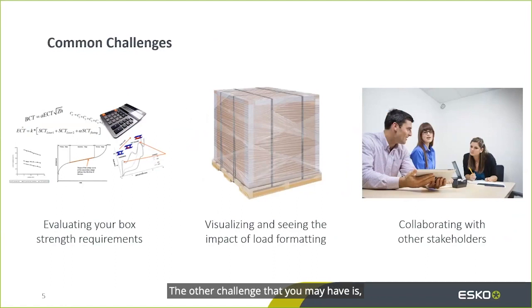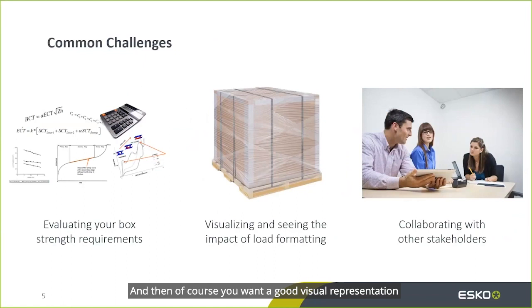The other challenge is that once you've palletized your product, how can you easily add other features like corner posts and strapping and layer pads and shrink wrap and the like? You want to be able to see the impact of these additions on those maximum load constraints that you may have defined.